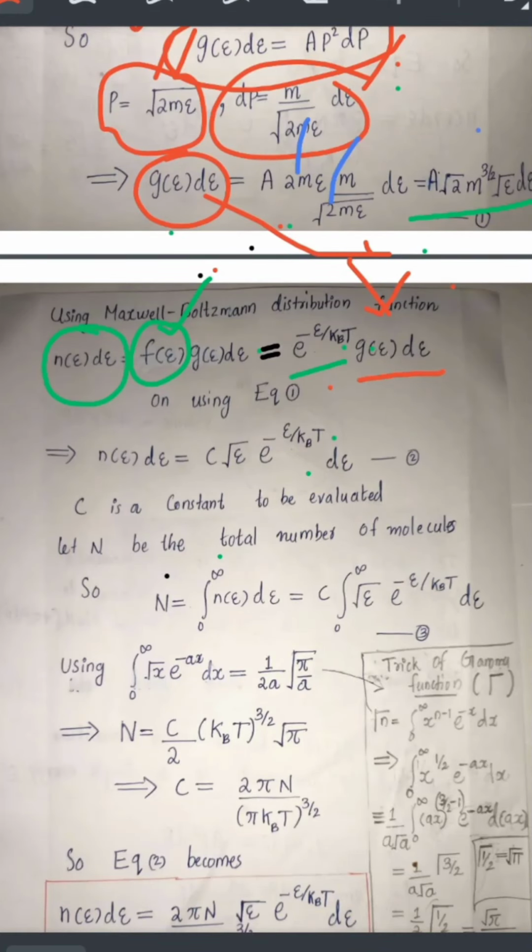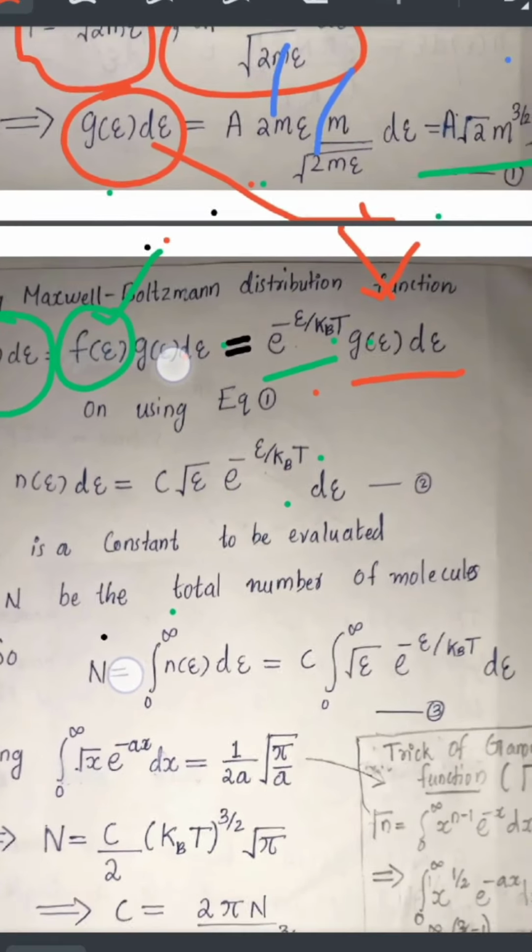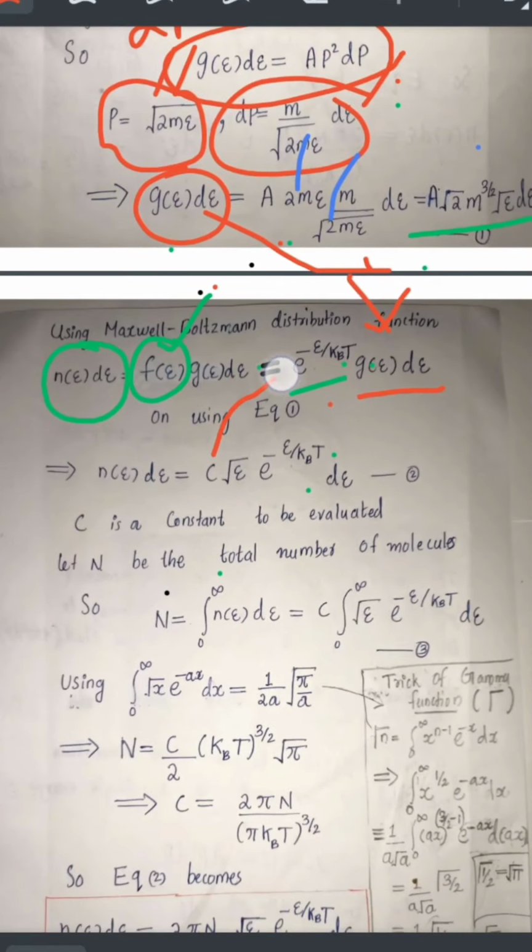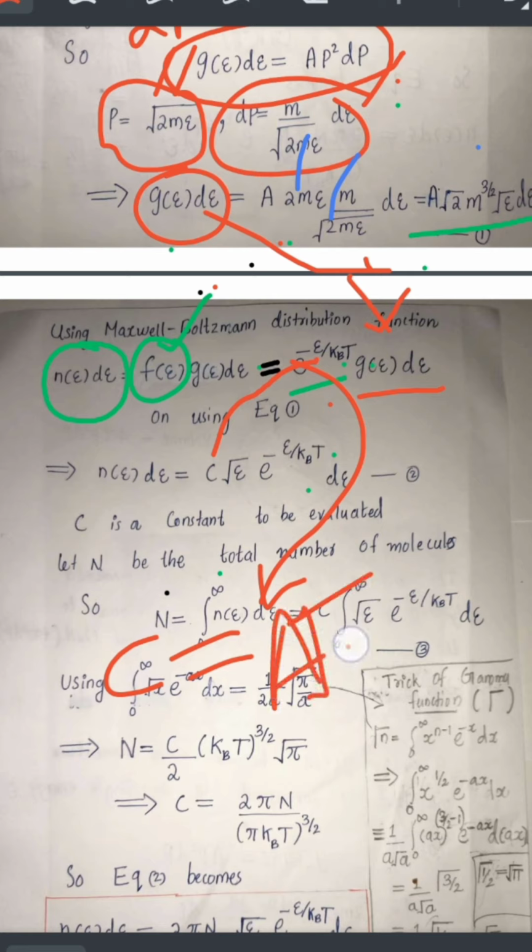You can see that this C represents C is equal to A root 2 m to the power 3 by 2, and the remaining root epsilon is here, and the e to the power minus epsilon over k_B T is here.